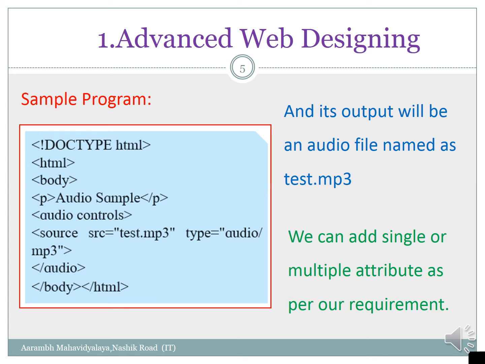First of all html, then body, then we specify the heading on the top of the file as audio sample. Then we insert the audio by using the audio controls and by providing the source as test.mp3 and specifying its type as audio/mp3. And then we have to end all these things, that is audio, body and html.